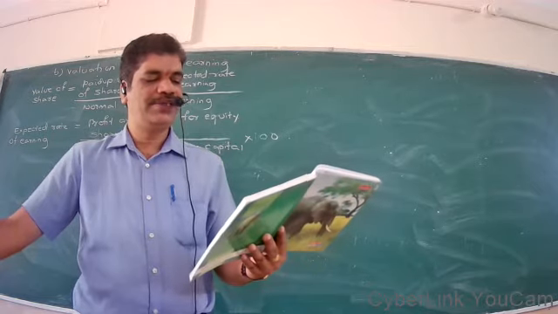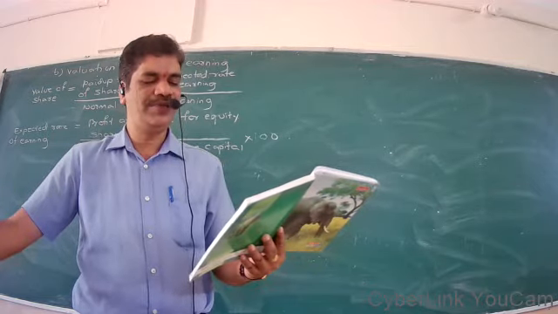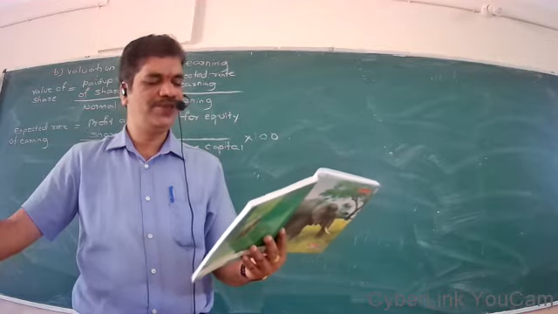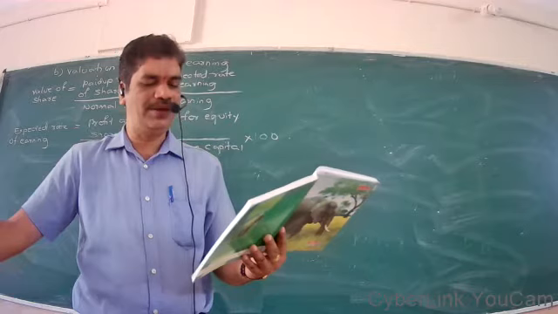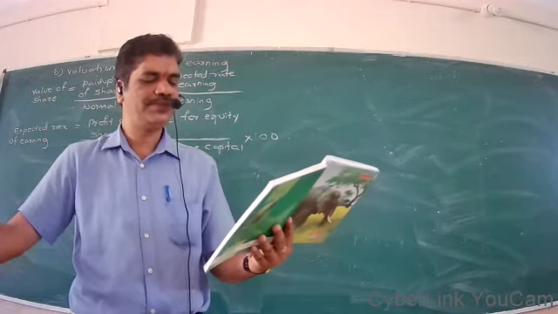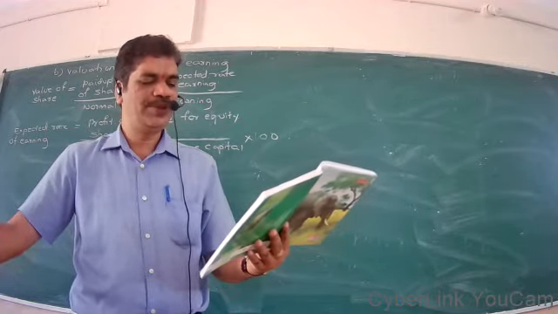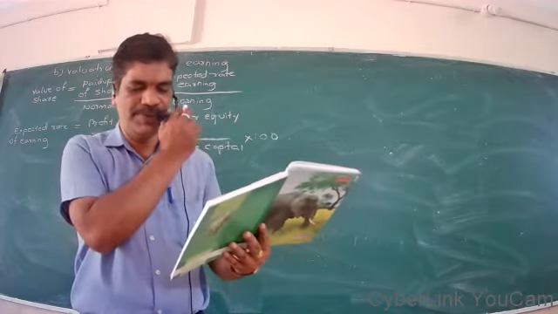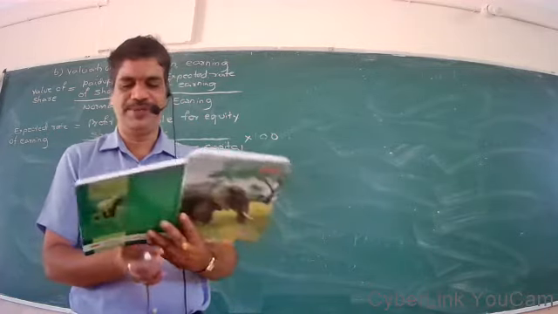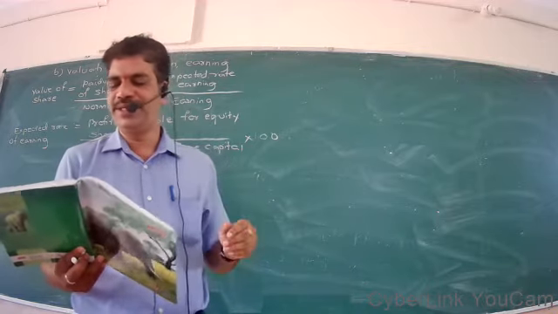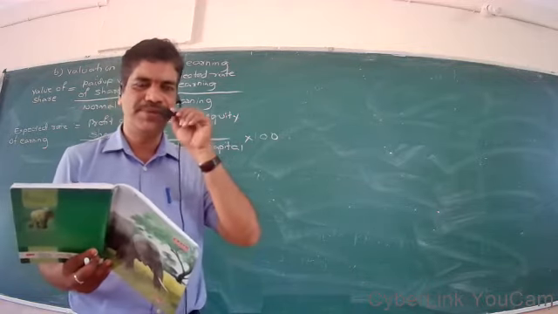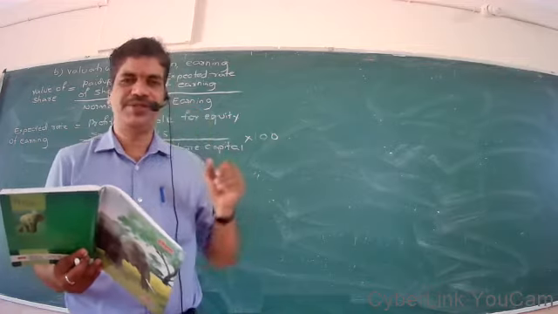Then expected profit for the year before tax is rupees 2 lakh 50,000. Rate of income tax is 40%. Then transfer to general reserve is 20% of profit. Then normal rate of earning is 16%.